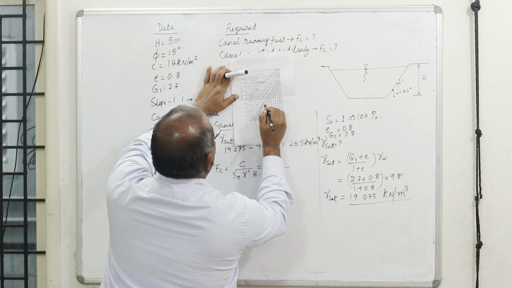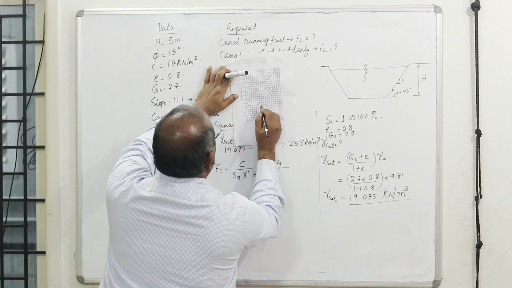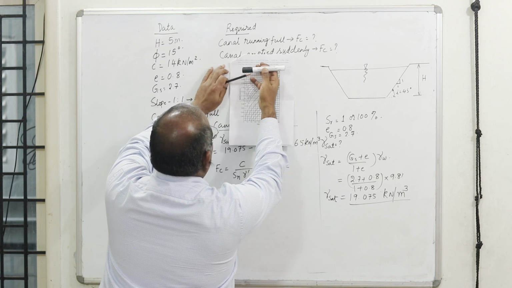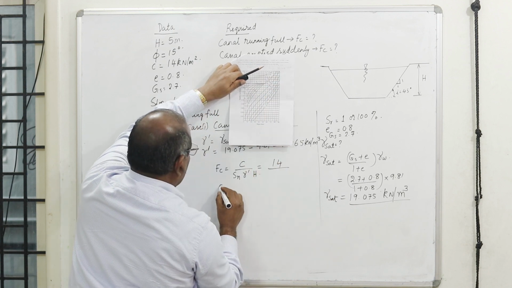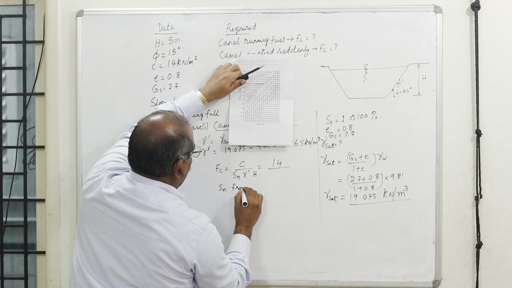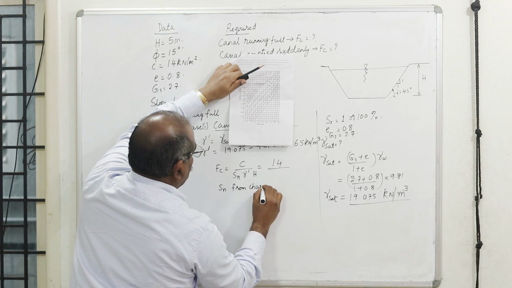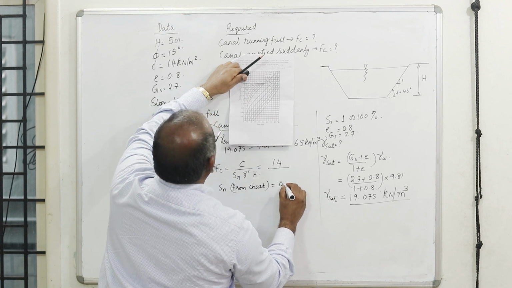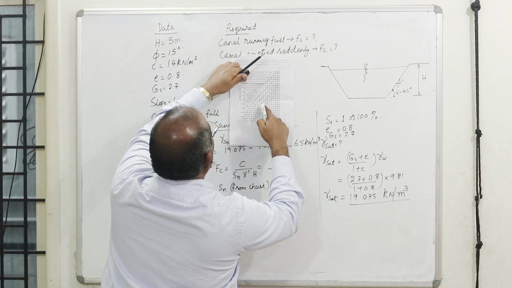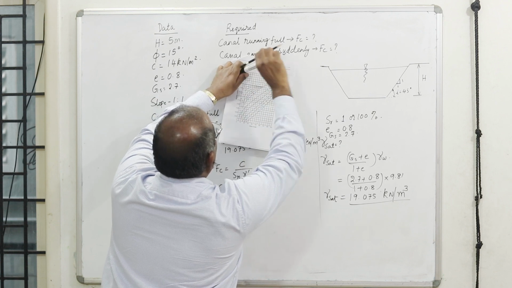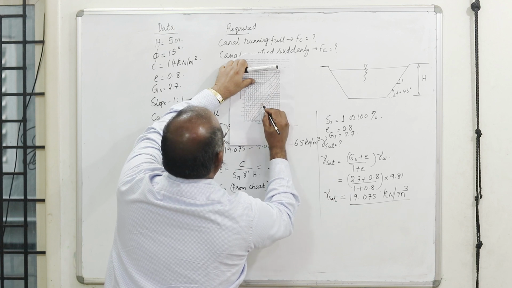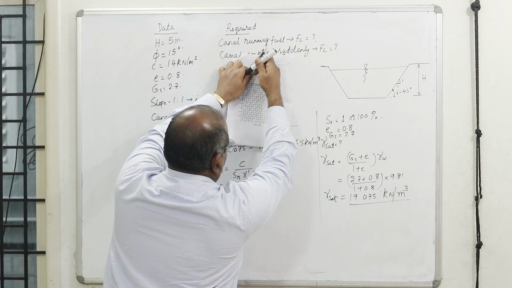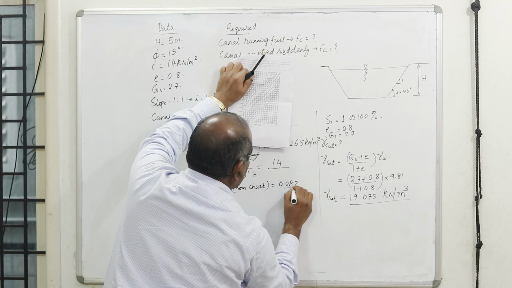It comes around 0.08, so Sn from the chart is equal to 0.082. This is the stability number.